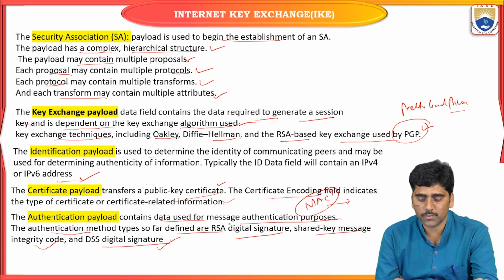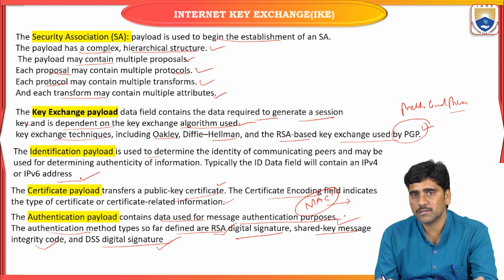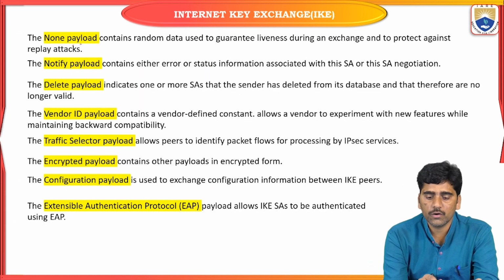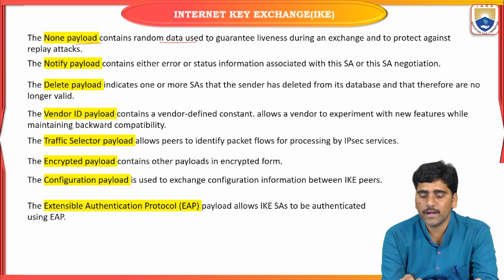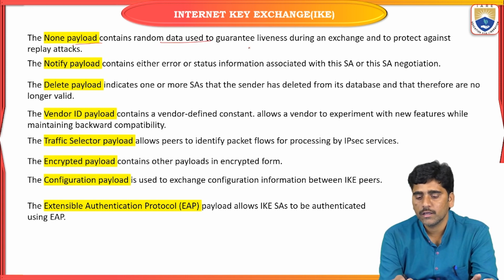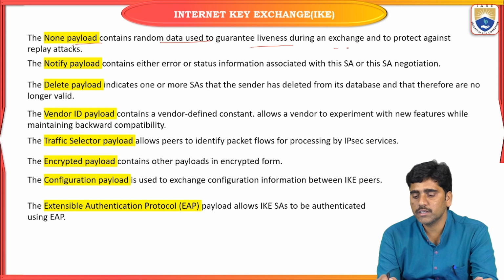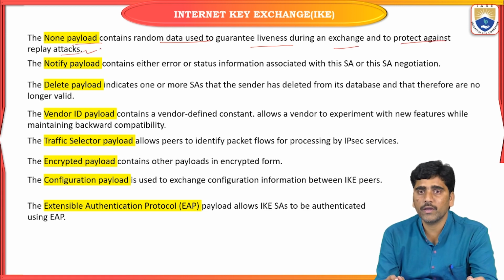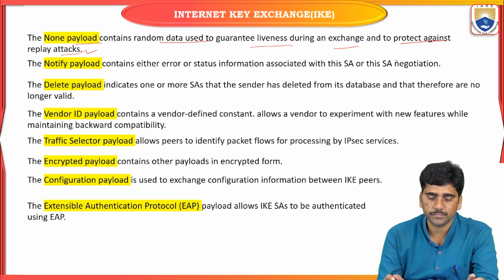These are all message authentication processes. And the nonce payload contains random data used to guarantee liveness during an exchange and to protect against replay attacks. That is an optional payload used for protection against replay attacks.